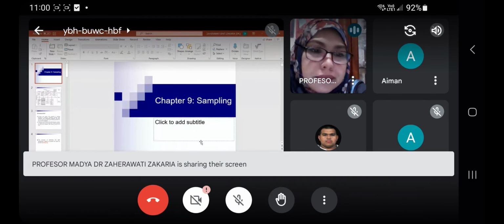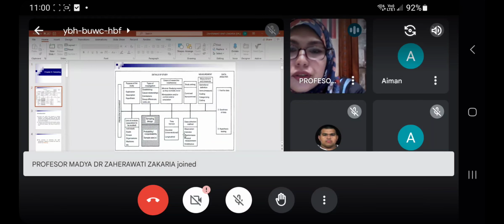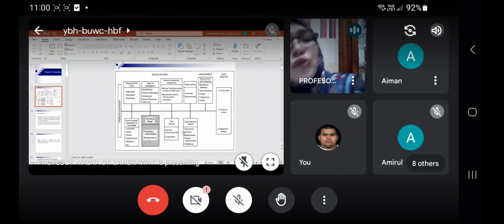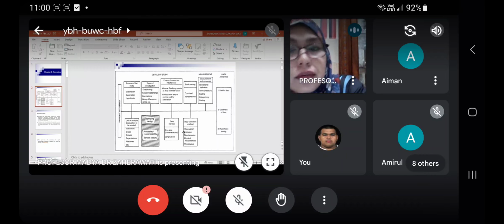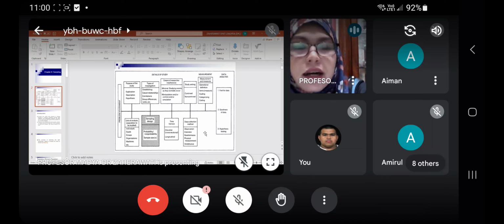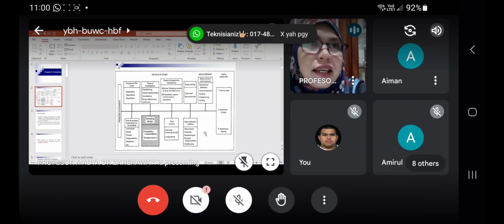Okay, sampling. So this is another sub item, sampling, while the first one we talk about is population. The figure shows how it should be done.